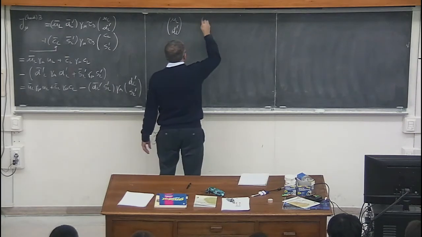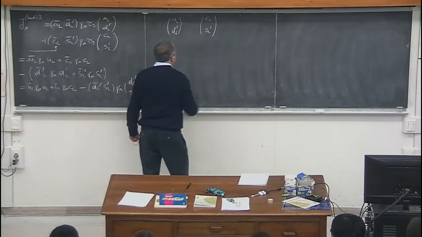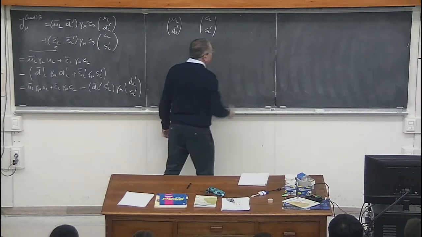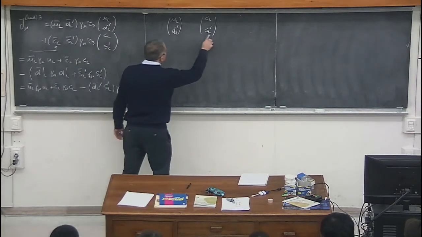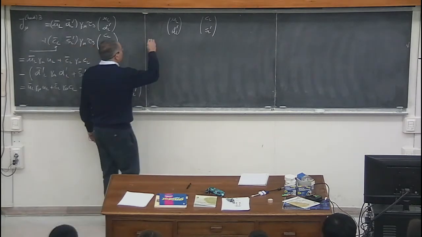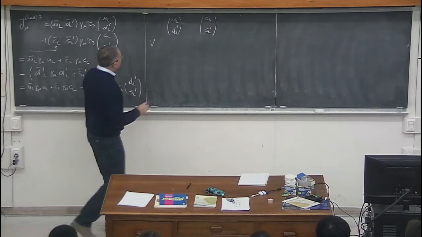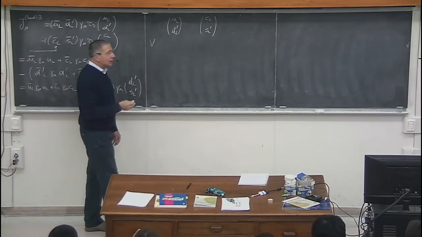There is a doublet of left-handed quarks in the second generation, and the structure can be replicated as many times as we like, provided that the down components of these doublets are mixed by means of a unitary matrix, which I call V. And the right-handed components are again placed into singlets of SU(2).